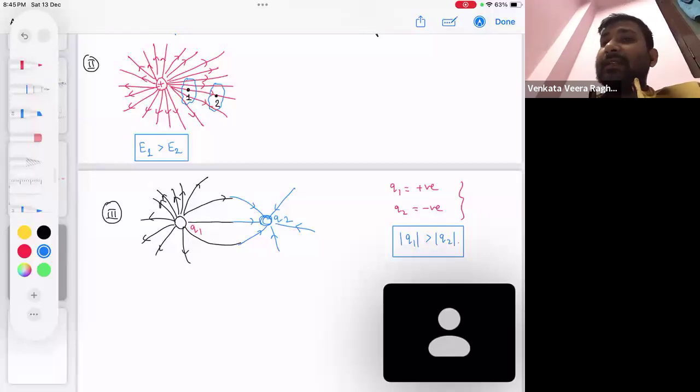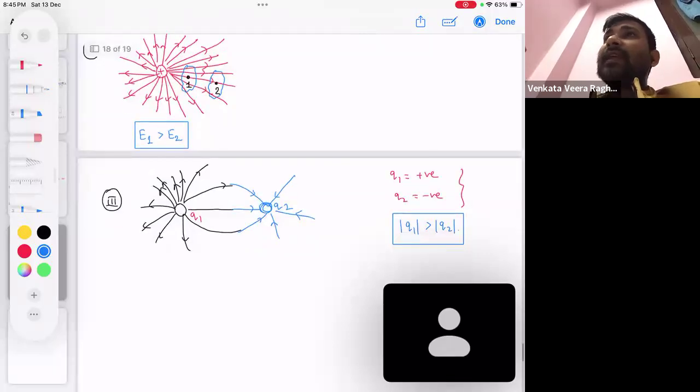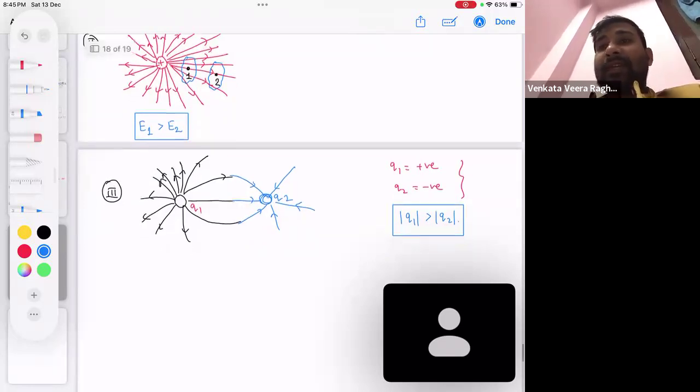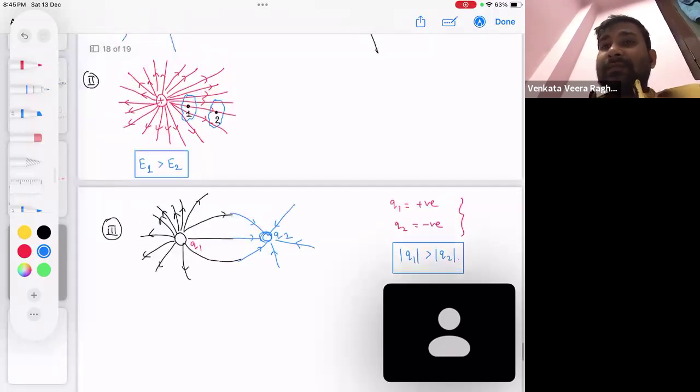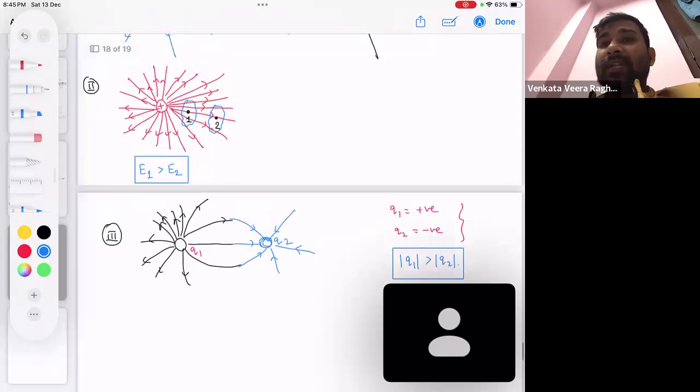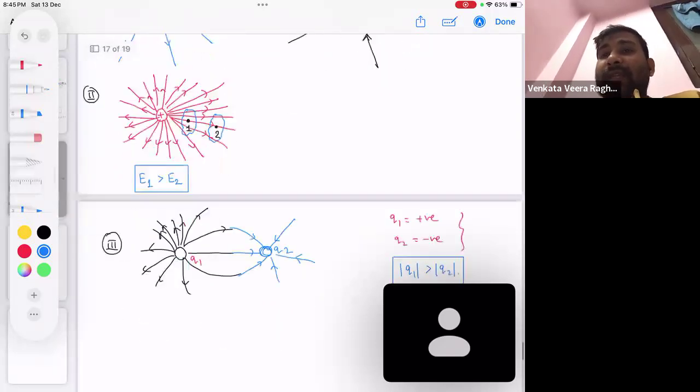Is that clear? Third point, the number of field lines emitted by a charged particle is in proportion to its magnitude of charge. This example explains everything about the third property. Clear? So the third property is the combination of 1 and 2, isn't it?